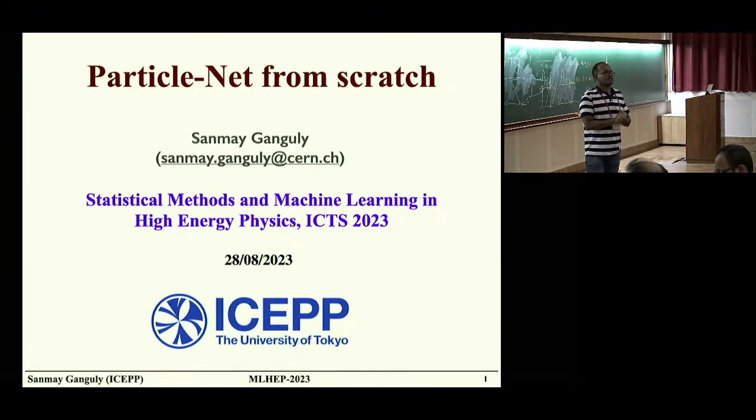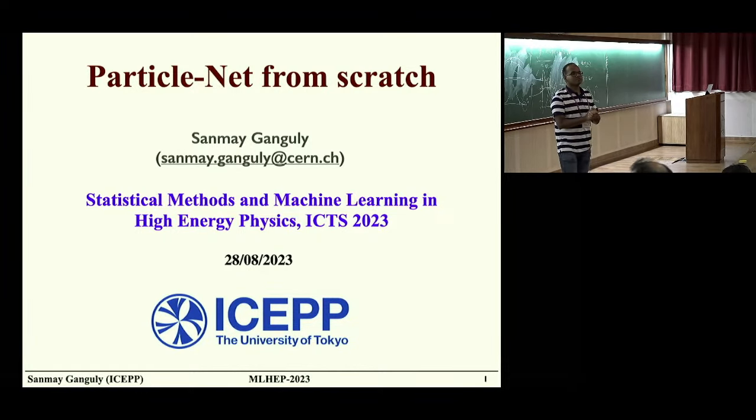Okay, so I thought since I'm giving a tutorial with a few lectures on graph networks, why don't we do an exercise where we try to understand the core concept, build the network from scratch, and see how to do some machine learning with it. I don't know if you have done the previous exercises or not, it's up to you.